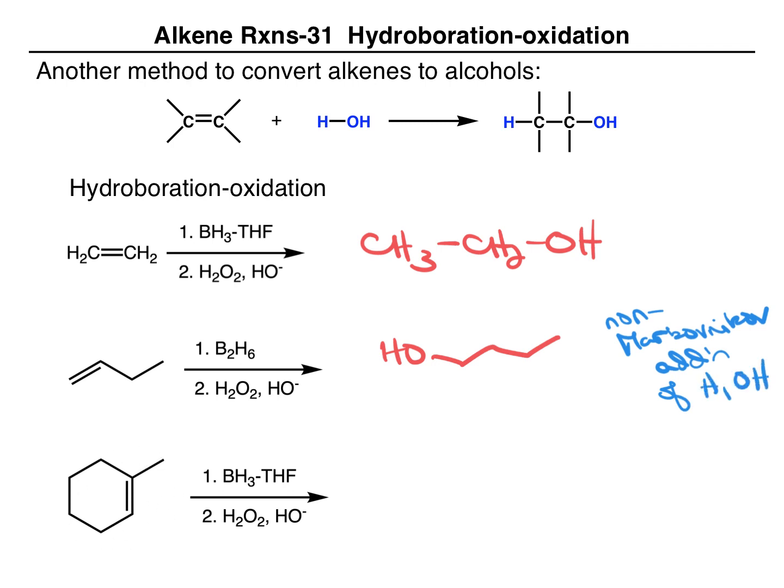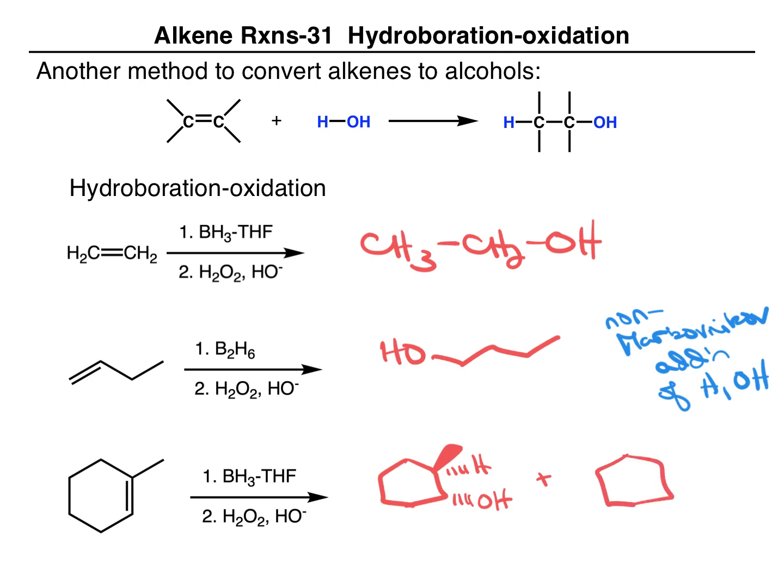In this third example, we have issues of regiochemistry as well as stereochemistry because we have a ring. So we will get non-Markovnikov addition, but what's observed experimentally is that we also get syn addition. So both the H and the OH are going to add to the same face of the ring so that our hydrogen adds here and our OH adds here.